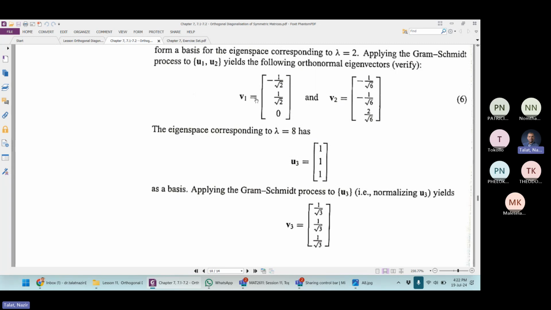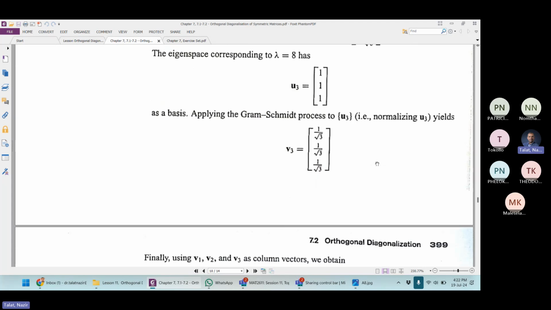If you multiply v1 with v2, the product is 0. v1 multiplied with v3, the product is 0. Moreover, v2 multiplied with v3, the product is also 0. And the norm of v1 is 1, the norm of v2 is 1, and the norm of v3 is also 1.